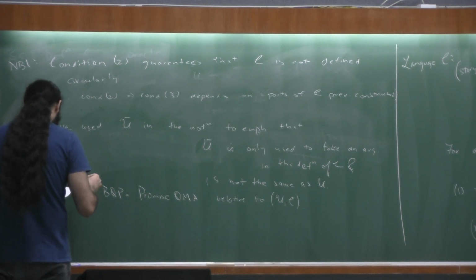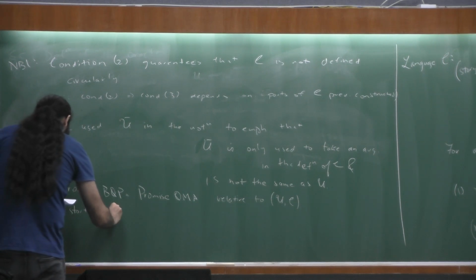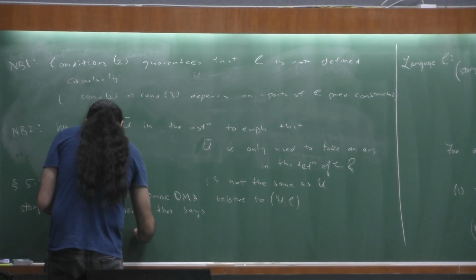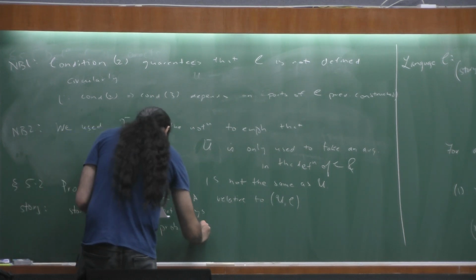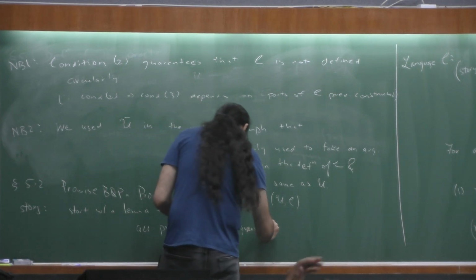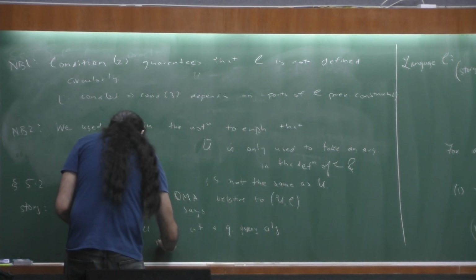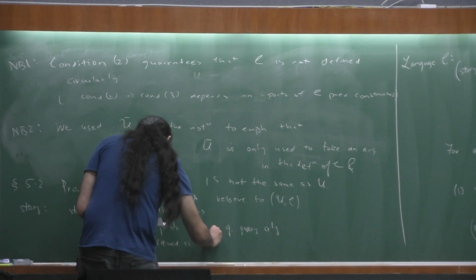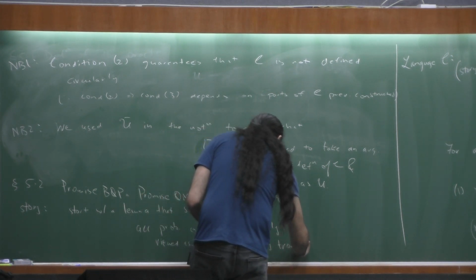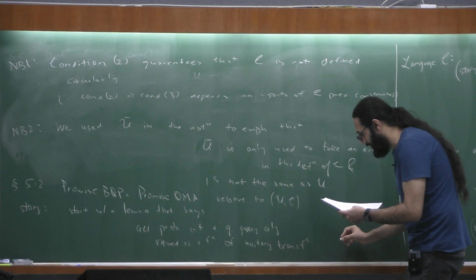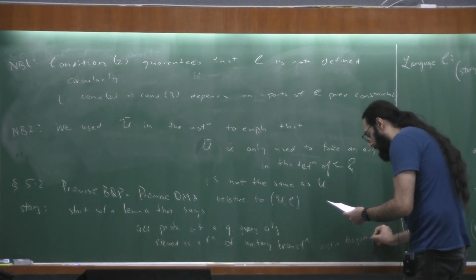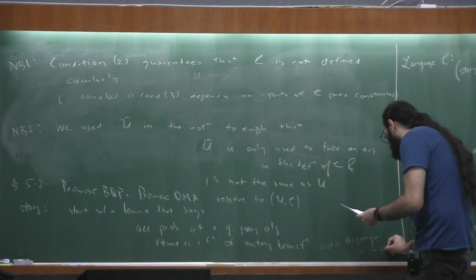They start with a lemma that says the acceptance probability of a quantum query algorithm, viewed as a function of the unitary transformations used in the query, is Lipschitz.